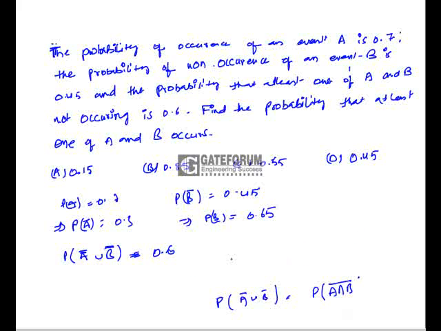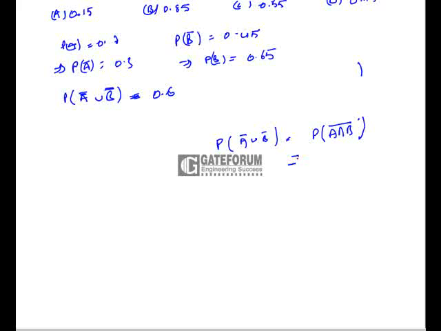So P of A intersection B whole bar is 0.6, which is nothing but 1 minus P of A intersection B, given as 0.6. It implies P of A intersection B is equal to 0.4.